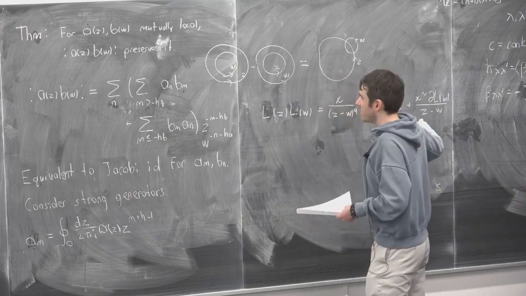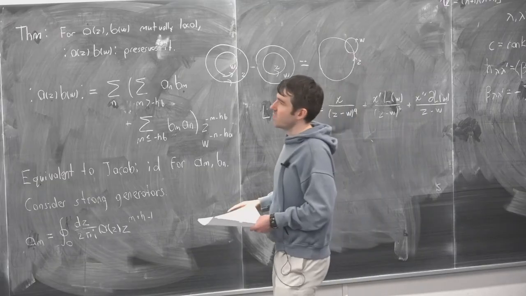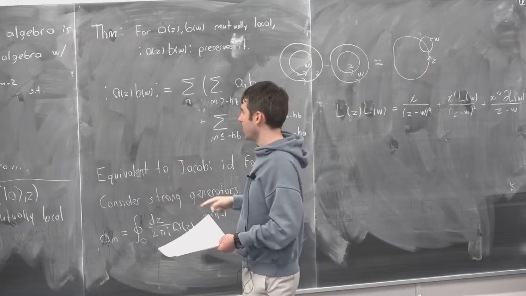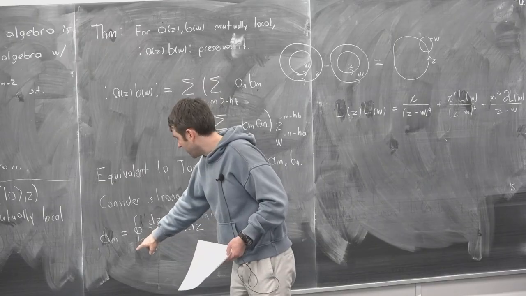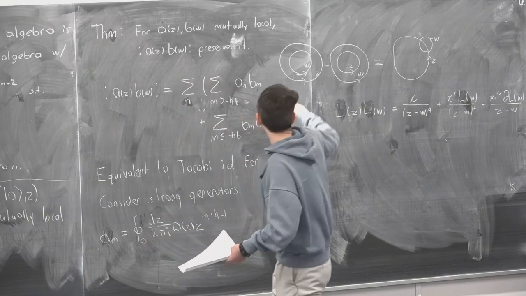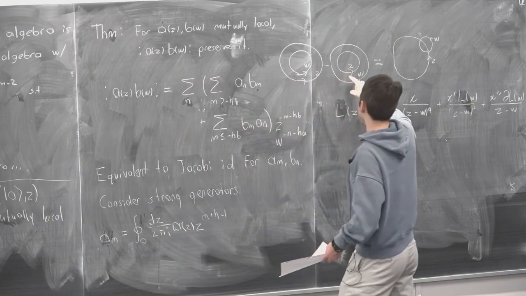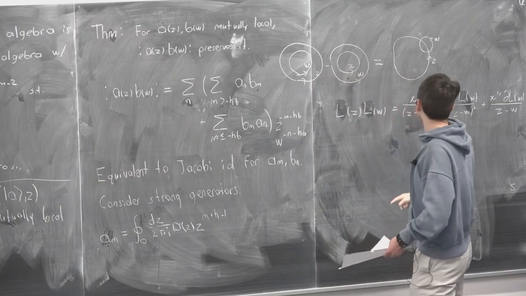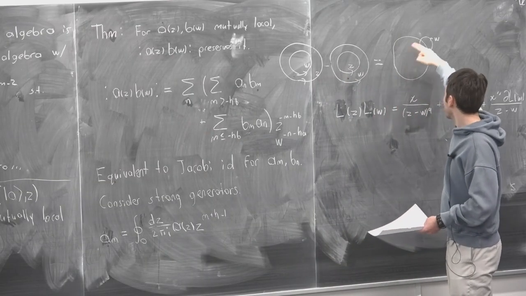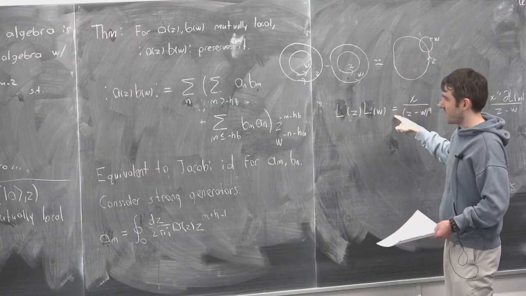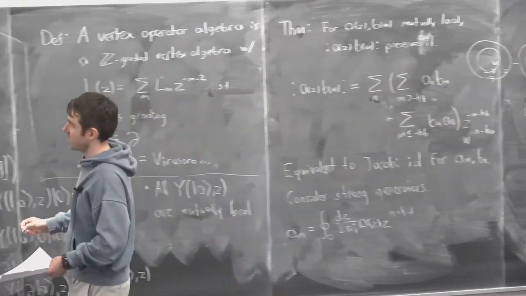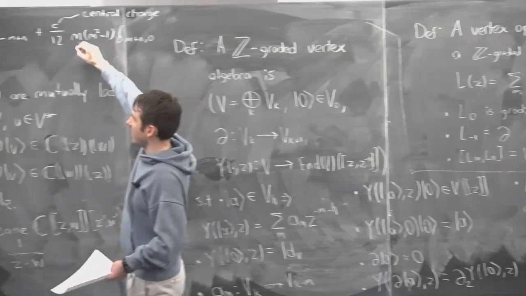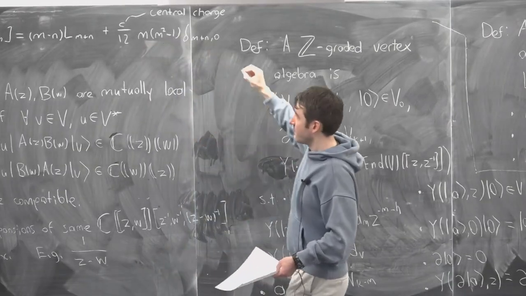So knowing this, you can say, what is the commutator of Lm with Ln? Well, it's going to be these 2 contour integrals minus those 2 contour integrals. Rearrange the contour integrals and plug in this expansion, and you'll get some ansatz which looks like this, except it'll have x, x prime, and x double prime.